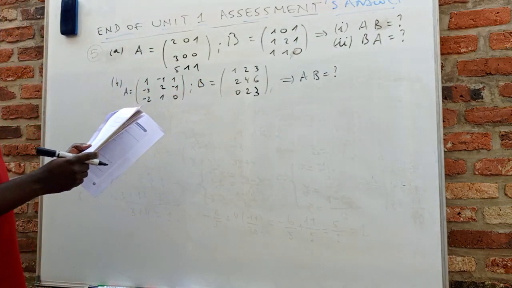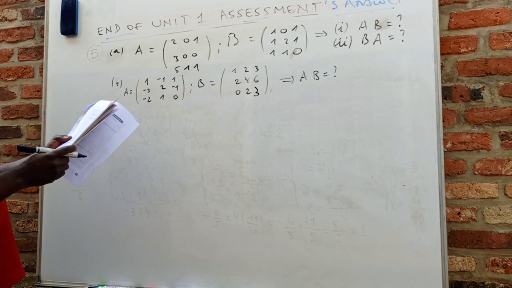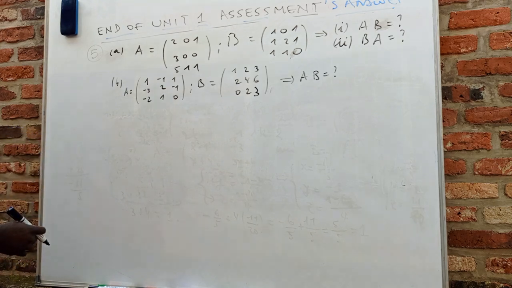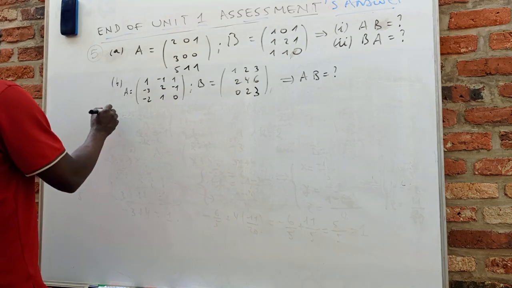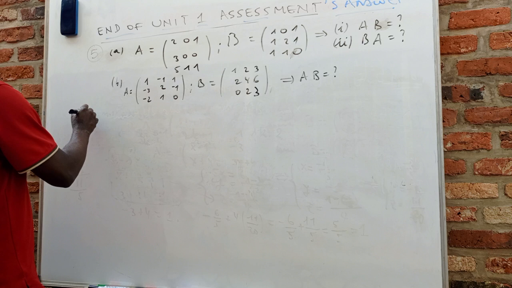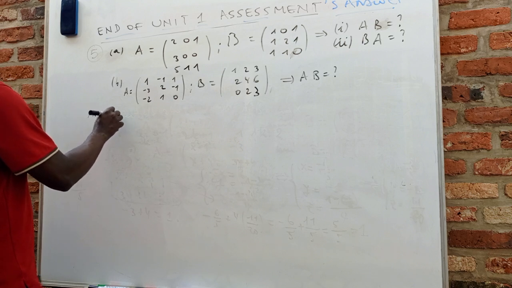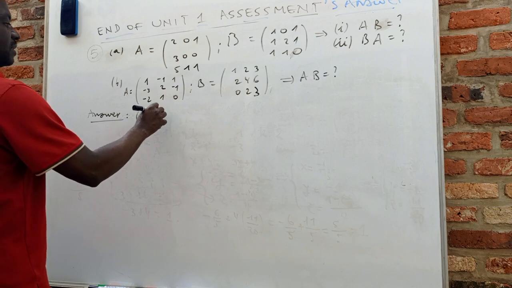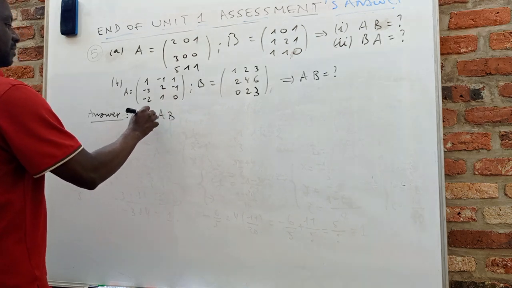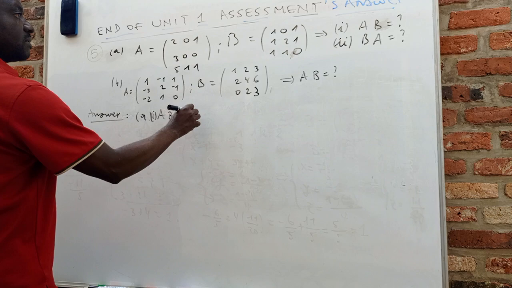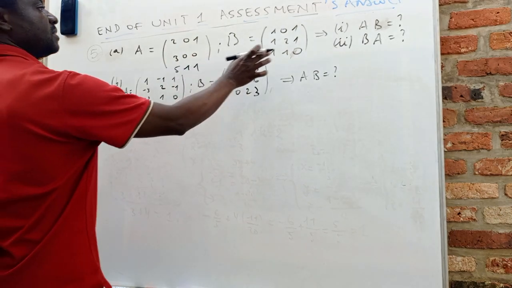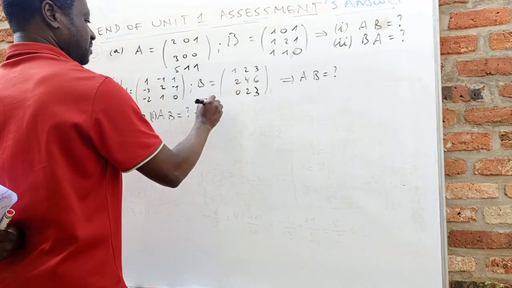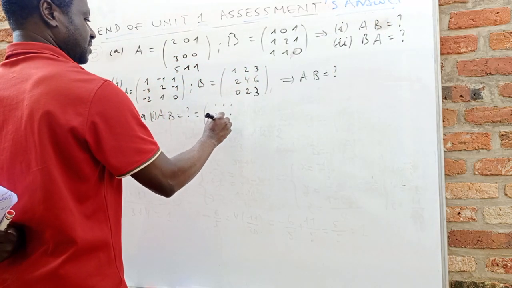So here is the question of matrix multiplication. Okay, so now let us answer this question. We find A times B. So this is a 3 by 3 times a 3 by 3, so the answer will also be a 3 by 3 matrix.